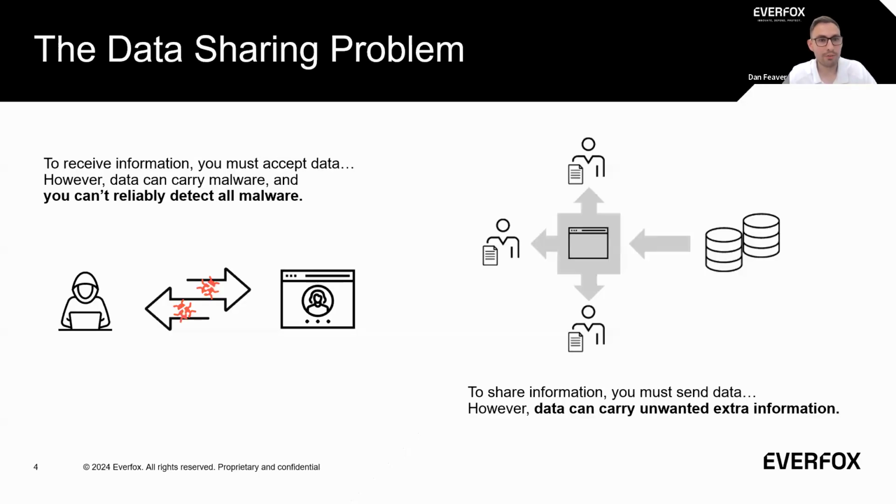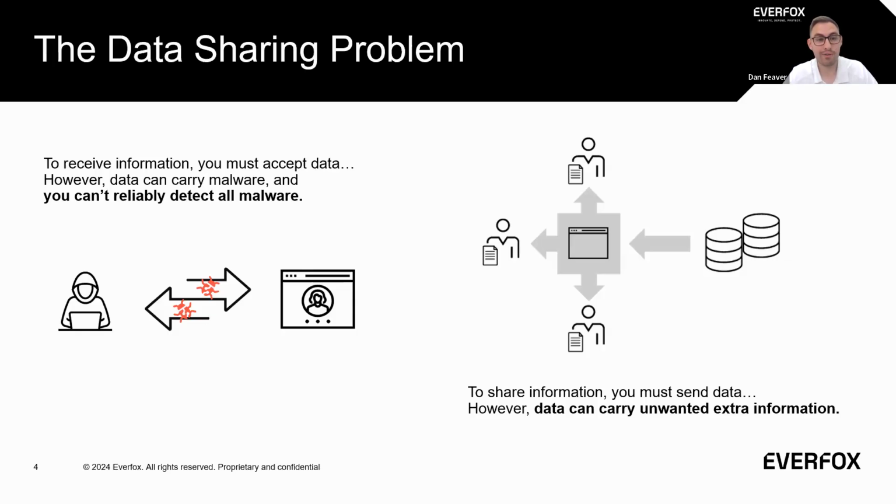Let's begin then. Let's start by looking at the data sharing problem. When we talk about data sharing from a cross-domain perspective, we talk about importing data and exporting data. If we take a look at the import of data initially, you have to receive information within a cross-domain solution, but to receive that information, you need to accept that data.